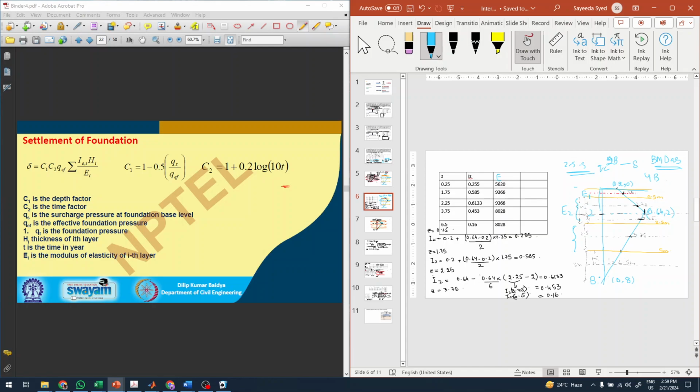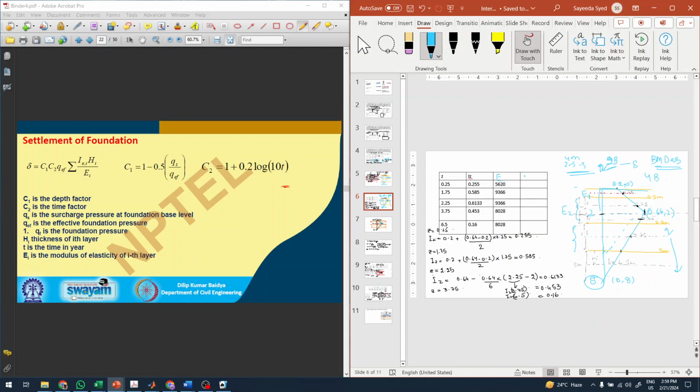That is why we are getting 8 meters. The question was given for up to 2 times B, which is only 4 meters, so the strata was inside the diagram. But for this, let us take qc the same for this strata.